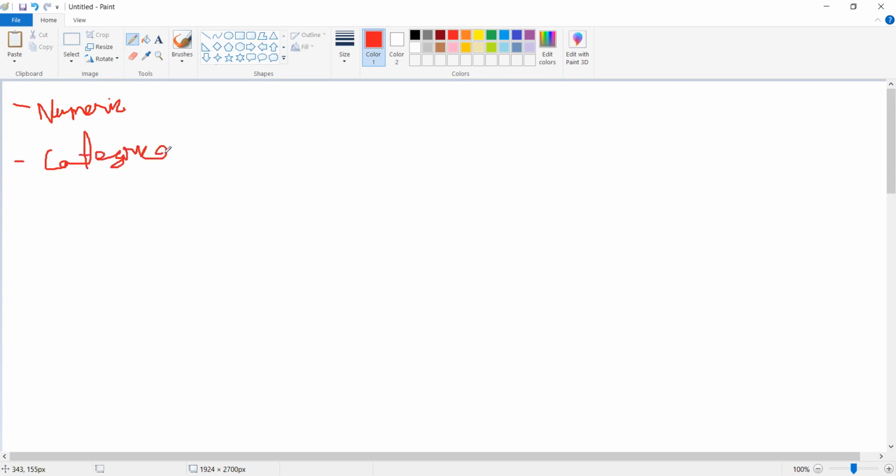Okay. Now, numeric data. When you talk about numeric, again, you have discrete and continuous data. So numeric can be classified as discrete and continuous. What is the difference between discrete and continuous?